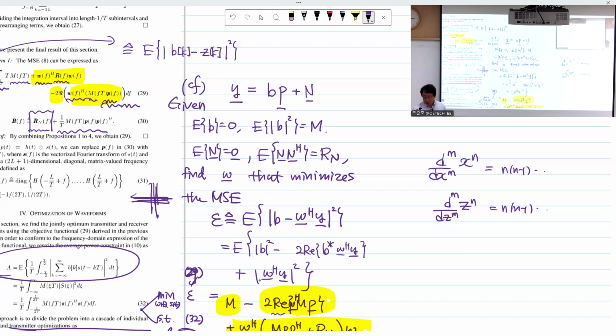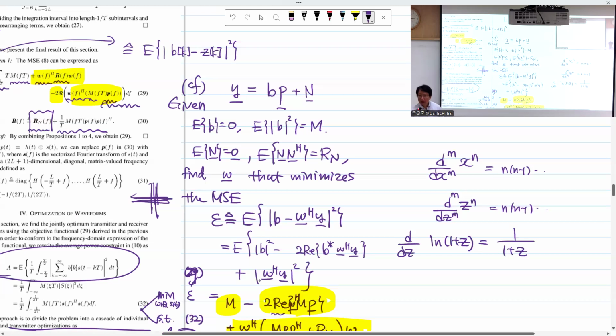So what you know, like log of 1 plus z differentiated, what is this one? You already know, right? Why does this hold? Because the logarithmic function is an analytical function, if I oversimplify why this holds. You know this, right?